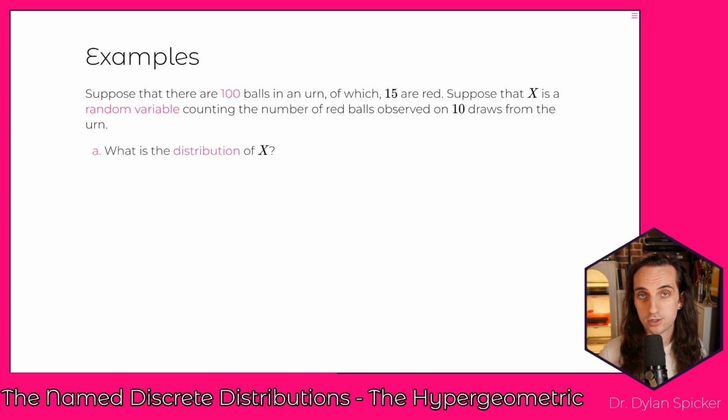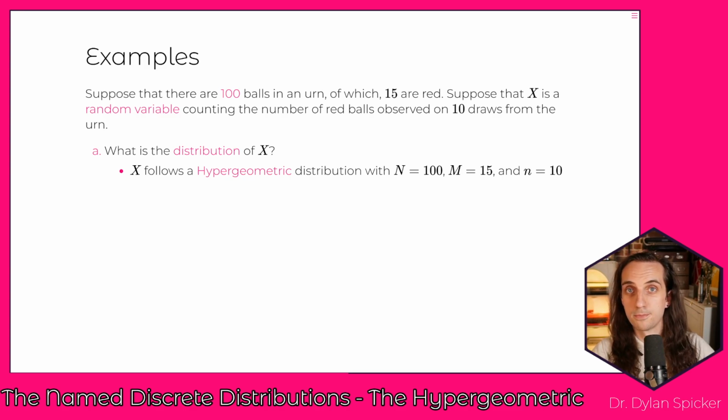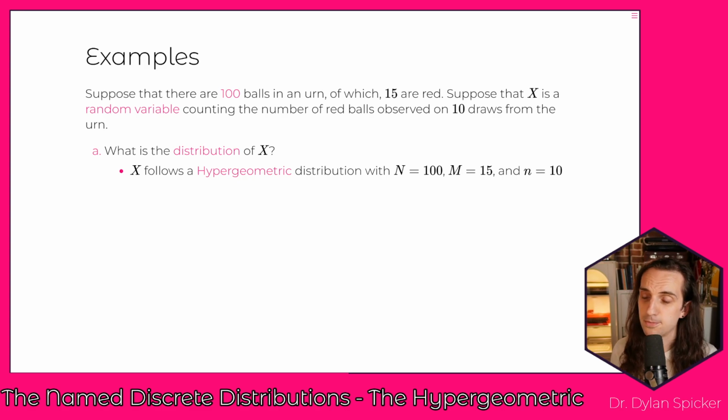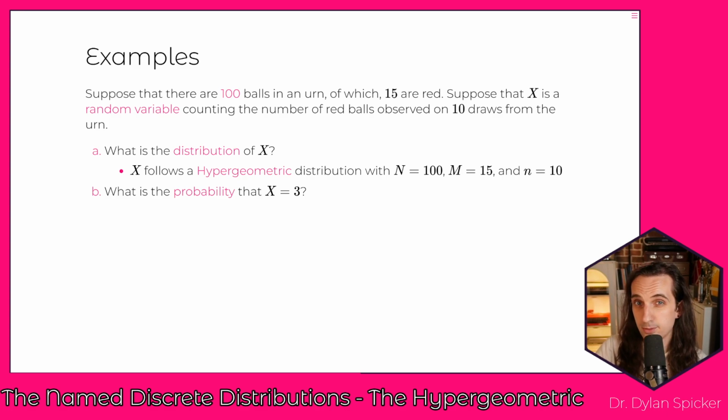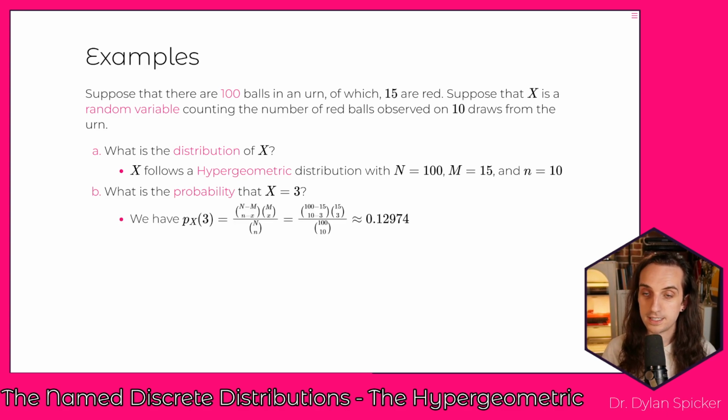So what's the distribution of X? Well, it's hypergeometric with a population size of 100, 15 matching our criteria, and a sample size of 10. So what's the probability that X is equal to 3 here? We can take our probability mass function and plug in the values we have. The PMF is n minus m choose n minus x, times m choose x, divided by n choose n.